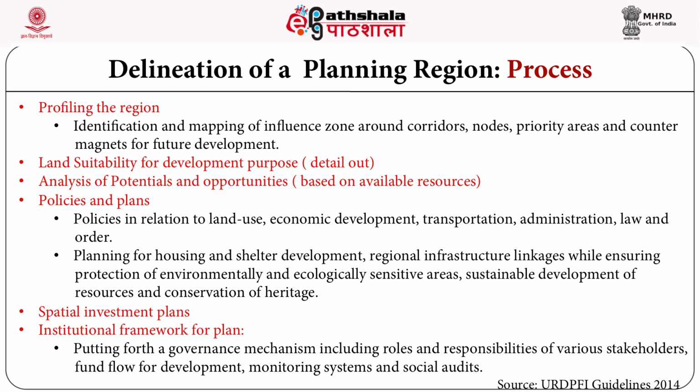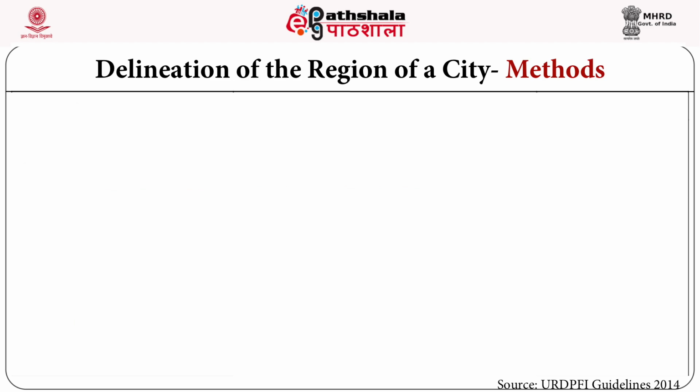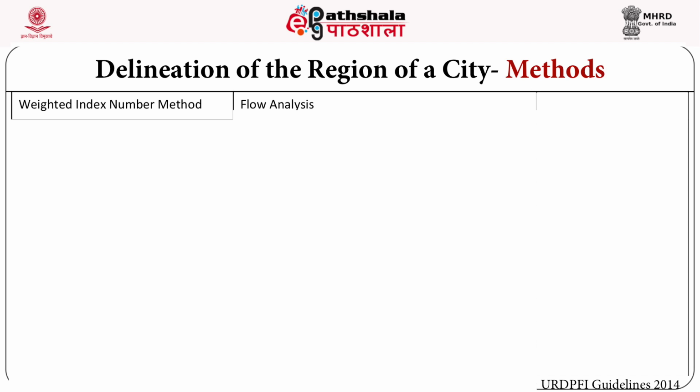So this is how a regional plan, or the process of any regional development, should go about. And then there are various analytical methods. For example, the weighted index method, which determines a homogeneous region without deviations, without variations. And then there is a flow analysis method, and then a gravitational analysis method.